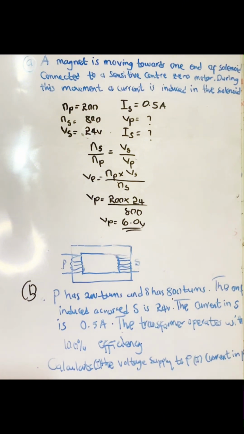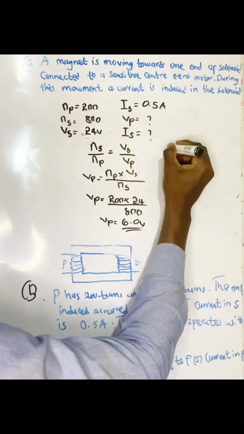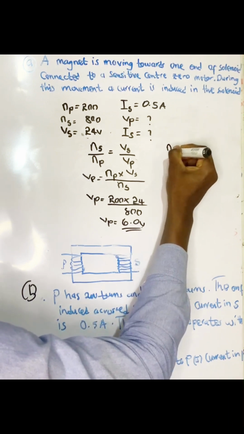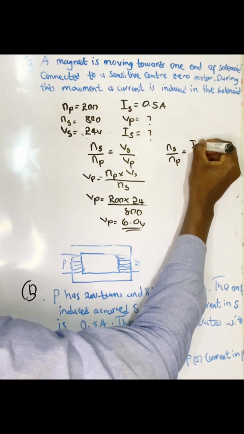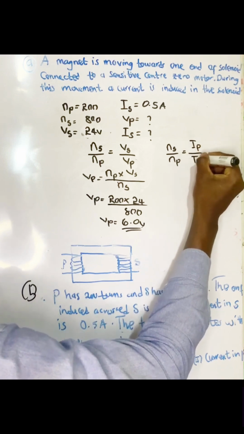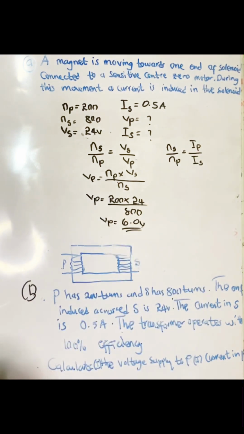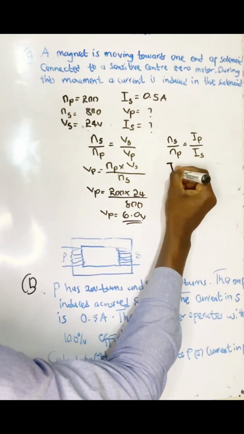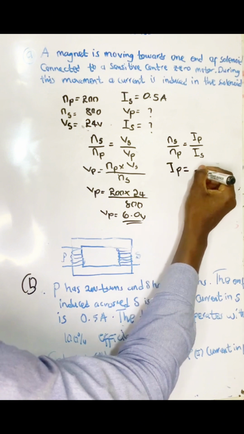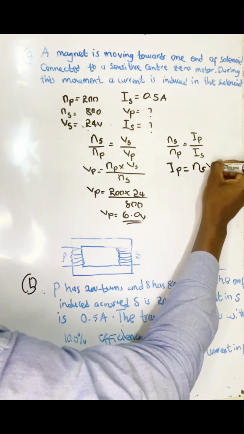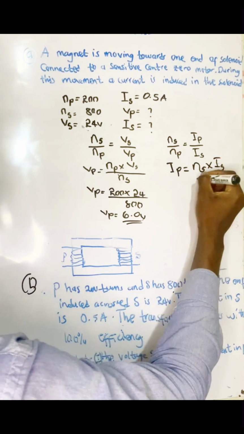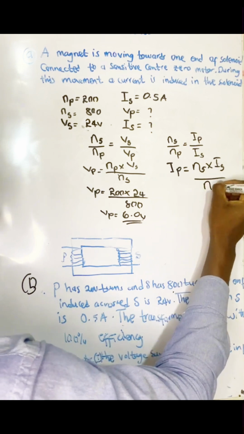Alright, so let's look at the second part of the question. They're asking us to calculate the current in the primary coil. Now, the number of turns on the secondary coil over the number of turns on the primary coil is equal to the current on the primary coil over the current on the secondary coil. I hope you have not forgotten this formula. Current on the primary coil is going to be the number of turns on the secondary coil times the current on the secondary coil divided by the number of turns on the primary coil.